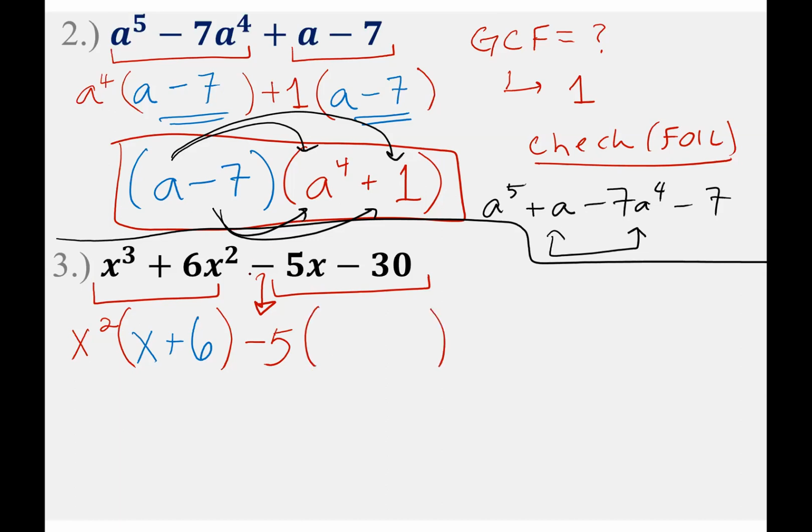Every time you have that situation in a grouping problem, if you see that minus sign in the middle of the problem, plan on factoring out a negative when you get to that second group. And now it should work out really nicely. Negative 5x divided by negative 5 is just positive x. Negative 30 divided by negative 5, there's that positive 6 that we wanted.